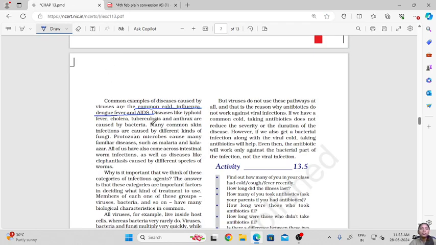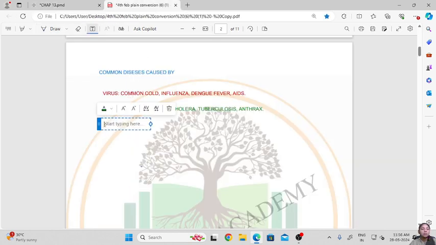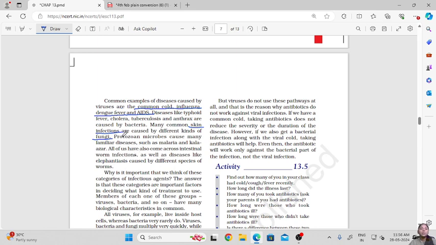Then the third type is many skin infections are caused by different kinds of fungi. So the fungi can cause skin infection. So third one we have is fungi, and it can cause skin infections. Then protozoan microbes cause many familiar diseases such as malaria and kala azar.